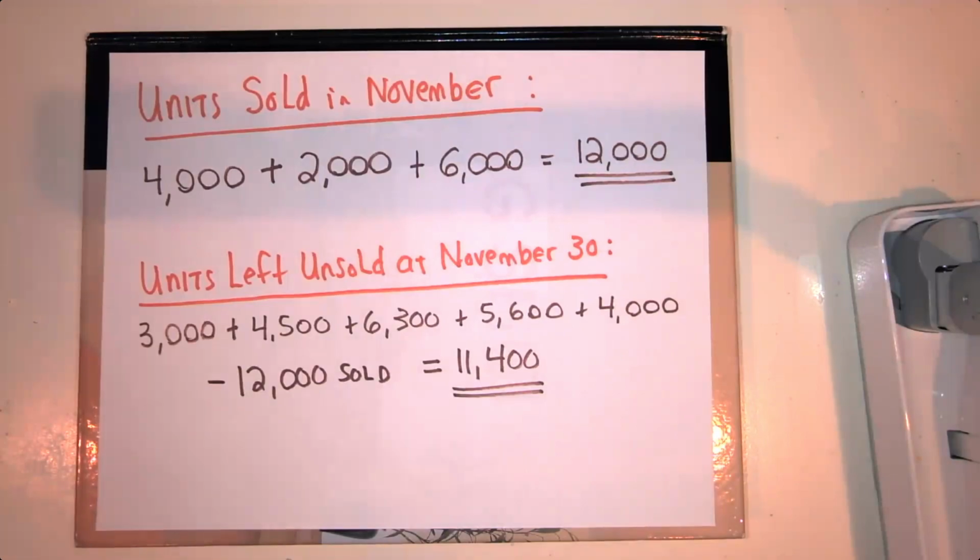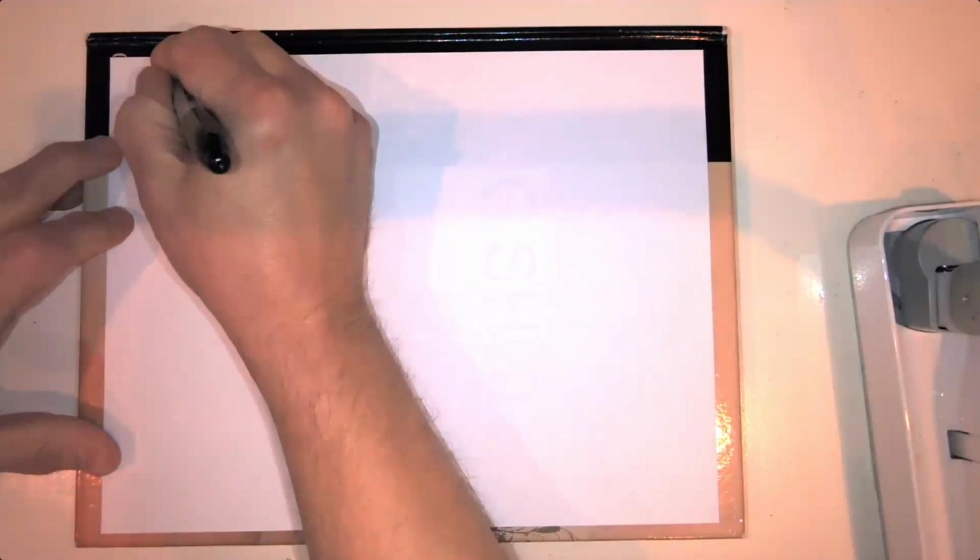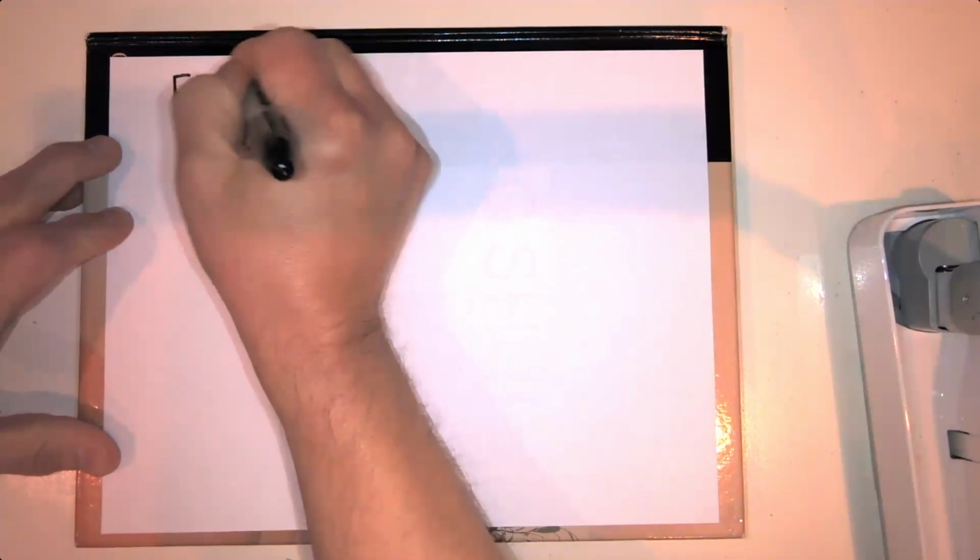All right, let's see if we can handle FIFO. Take a look at requirement number 1. And it says, using the FIFO method, which is what we already talked about, calculate the cost of goods sold for the month of November.